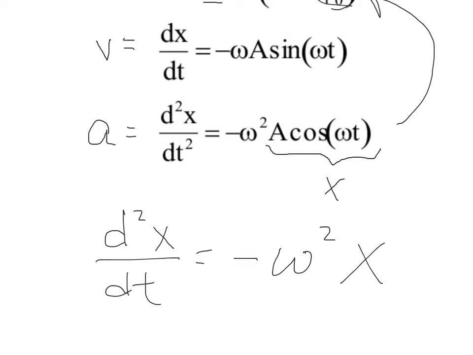It means the acceleration of an oscillator is related to where the object is that's oscillating. So if you think of a typical mass hanging from a spring and you see it bobbing up and down, when that mass is right at the extreme of its oscillation, at the very top or the very bottom, that's actually where it's accelerating the most, because you see a direct relationship here between the acceleration on the left and the position.